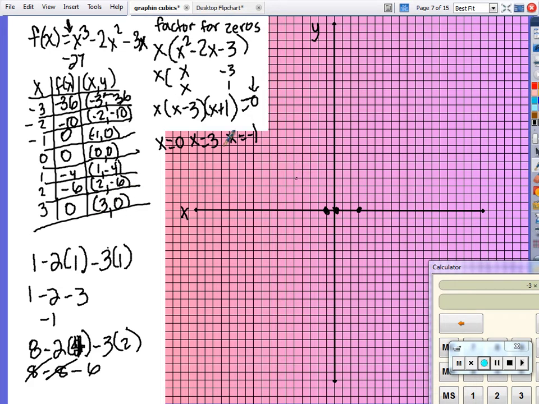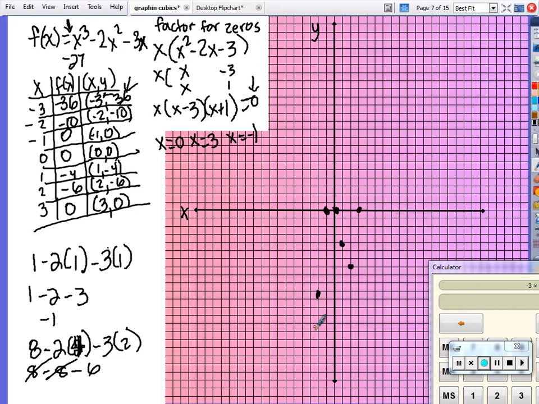So if we go to graph these, we can't graph the negative 3, negative 36 one, but the others: negative 2, negative 10, negative 1, 0, 0, 0, 1, negative 4, 2, negative 6, 3, 0.